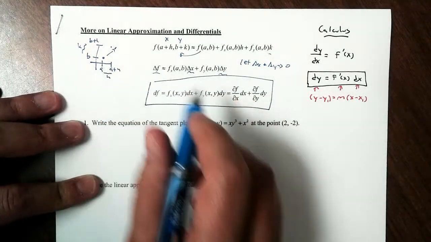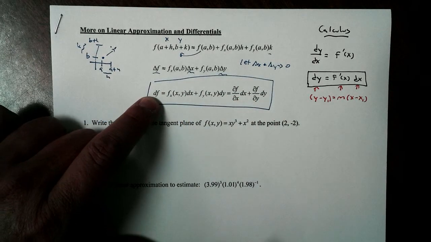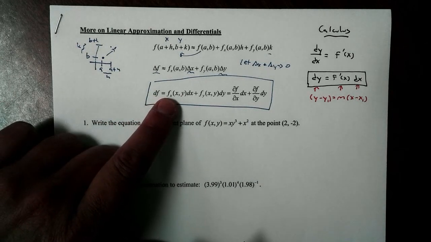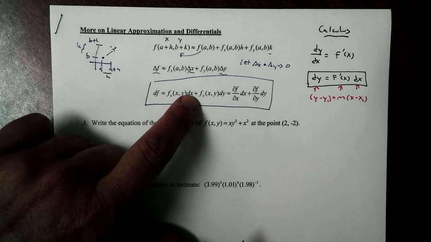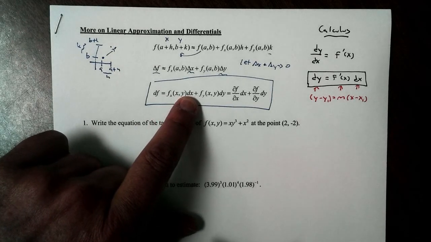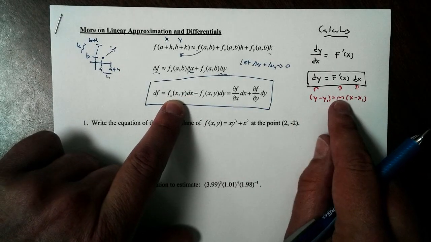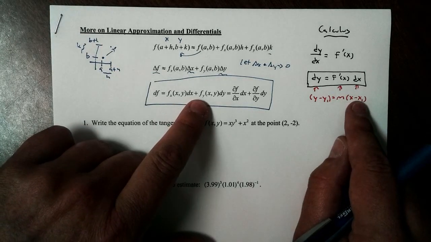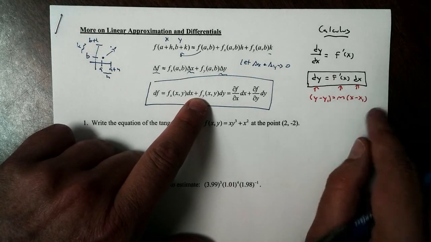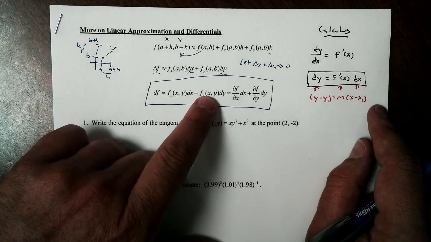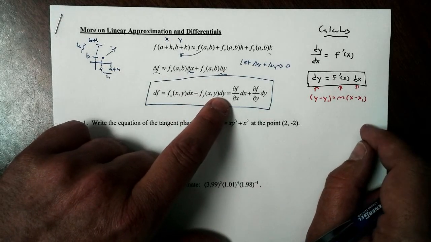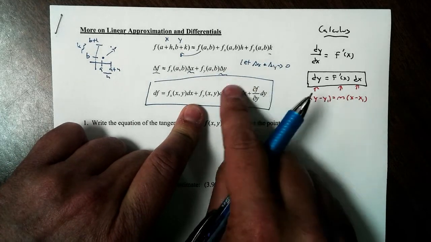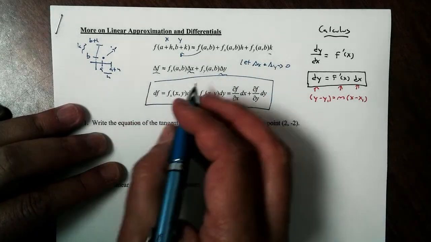This equation right here: delta f, or change in f, df, is equal to my slope in the x direction times my change in x, just like we did here. The slope is a function of x times my change in x. But now I do it with my y's, plus the slope in the y direction times my change in y. And we tend to write it in one of two notations. We have a very special name for this.